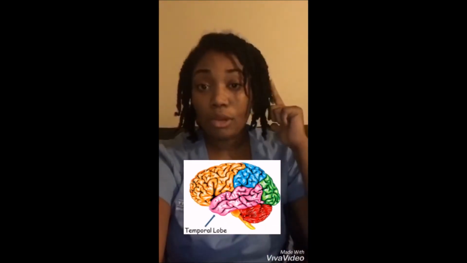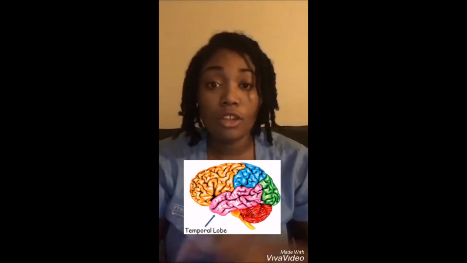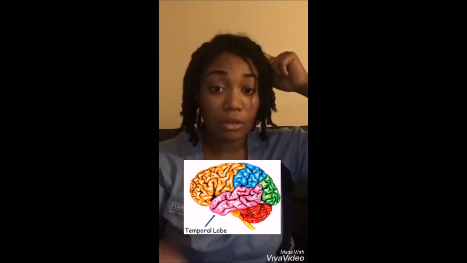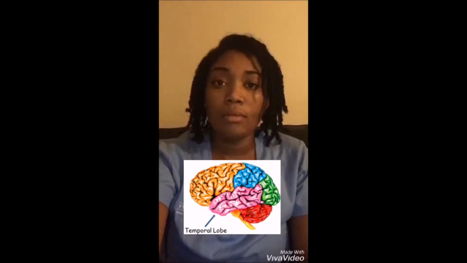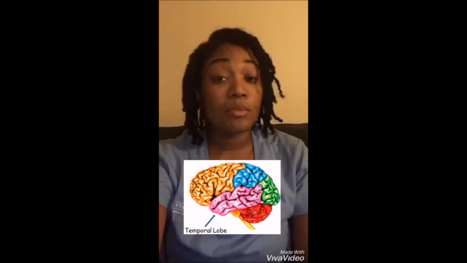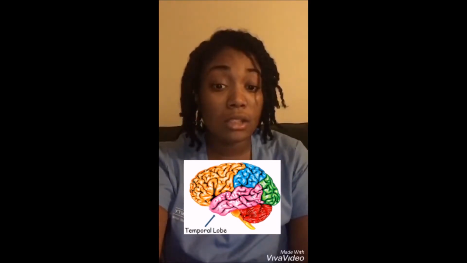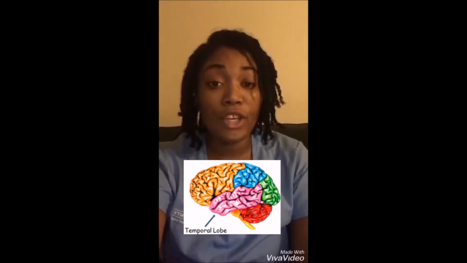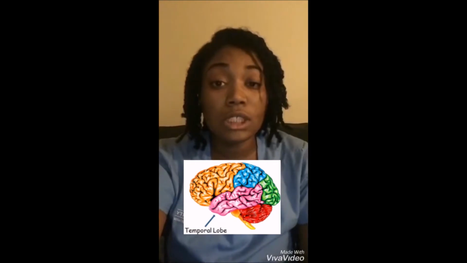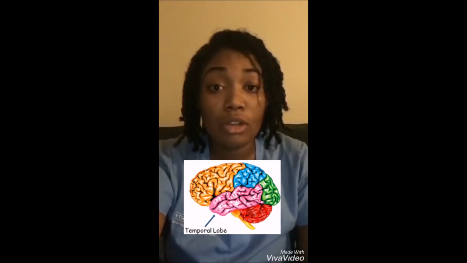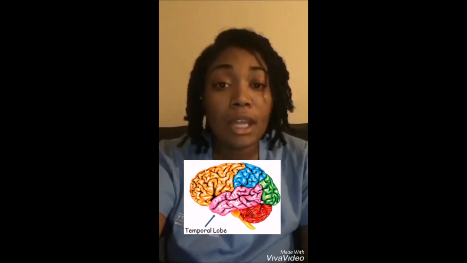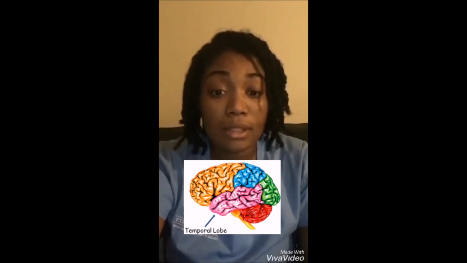The temporal lobe is located inferior to the frontal and the parietal lobe. Functions include auditory perception, memory, speech, language comprehension, emotional response, visual perception, and facial recognition. Structures inside the temporal lobe include the olfactory cortex, the amygdala, and the hippocampus.